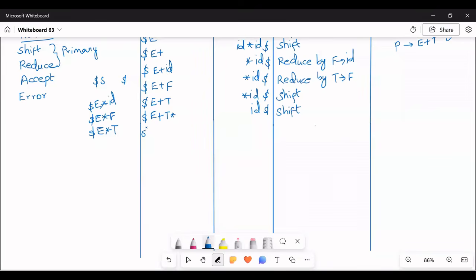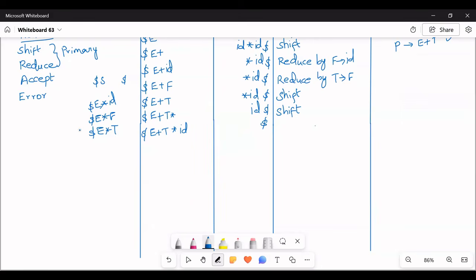So next, after E plus T star, we have to shift ID onto the stack. So the remaining symbol is dollar alone.